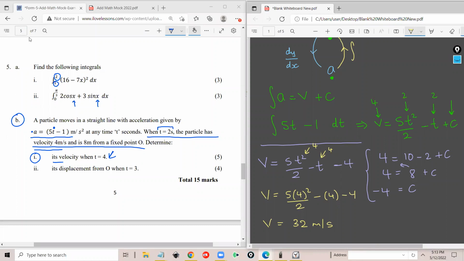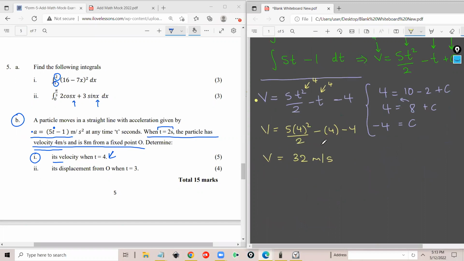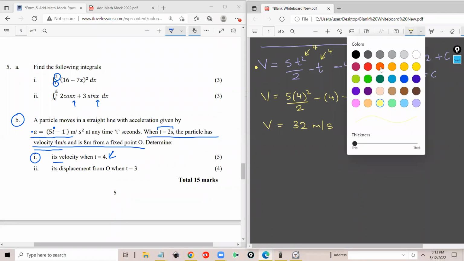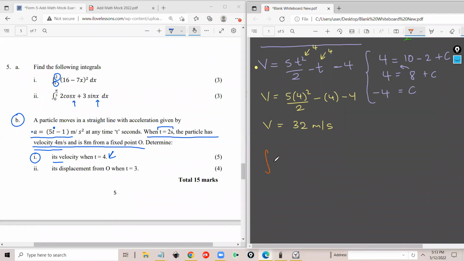I still have part 2. Unfortunately, you're going to have to integrate the velocity formula to get what? The displacement formula. So we're going to integrate 5t squared on 2.